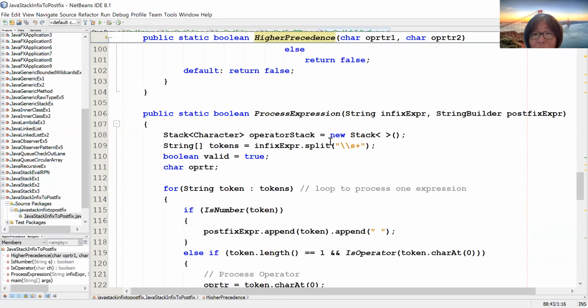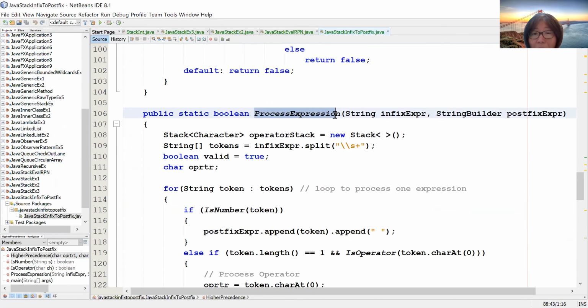So the major thing over here is the process expression. For our infix expression, we use a string, and for our postfix, we use a string builder. Previously, when we discussed classes, we learned that string is an immutable class. Immutable means you cannot modify the instance once it's created, so it doesn't have any set function.